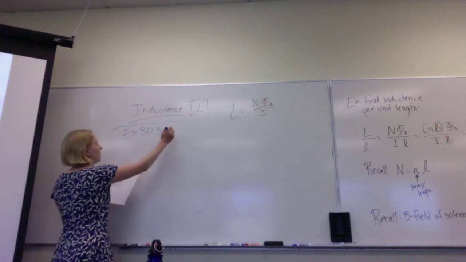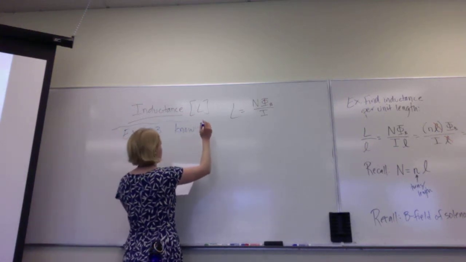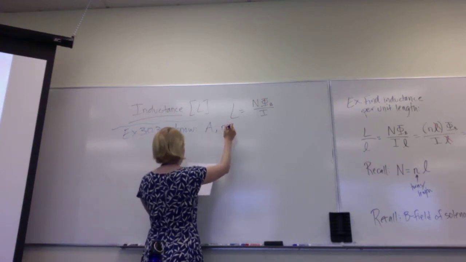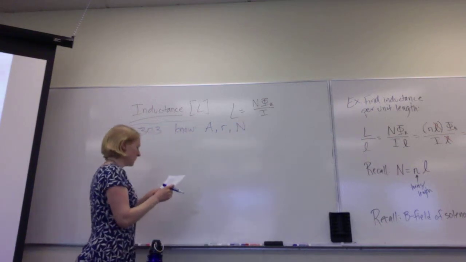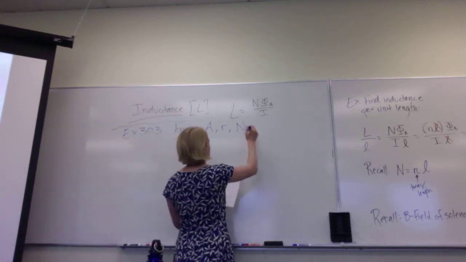So things we know: there's cross-sectional area A, mean radius R, N total turns, and there's a B field across the cross-section.